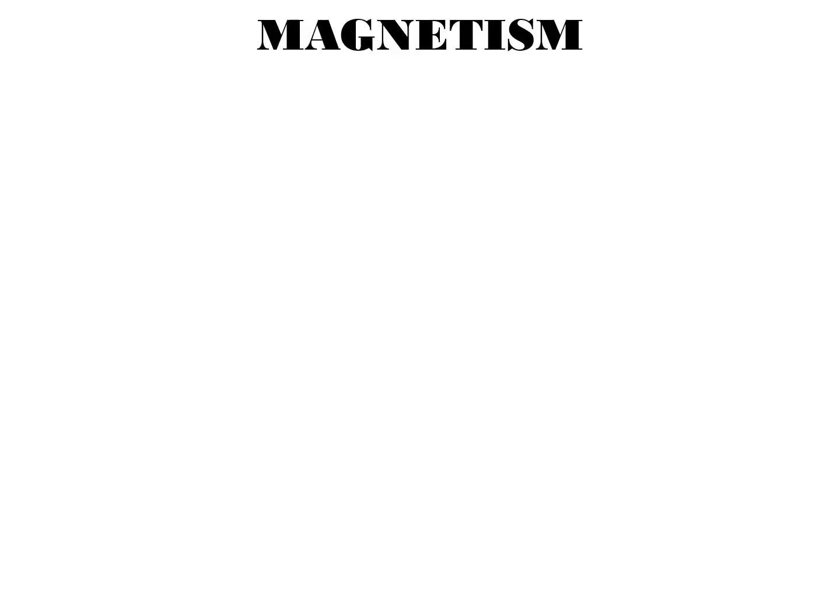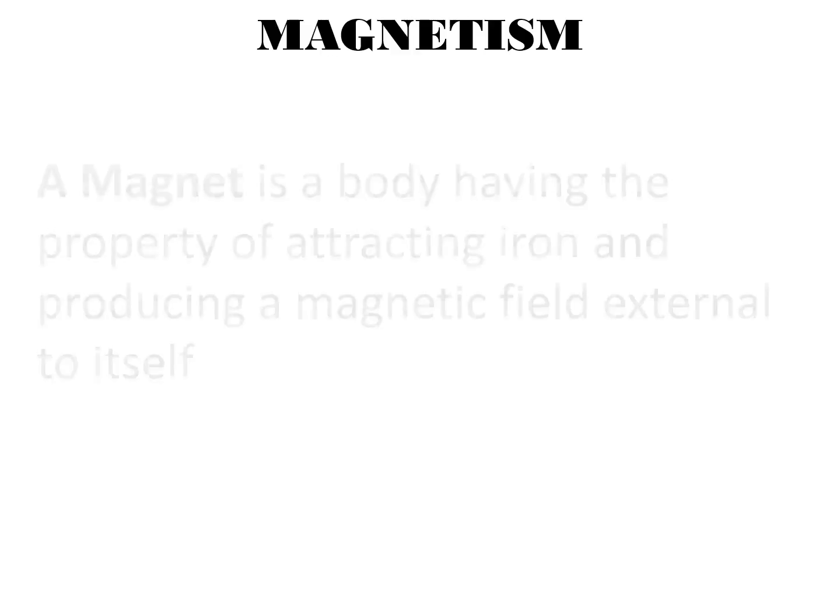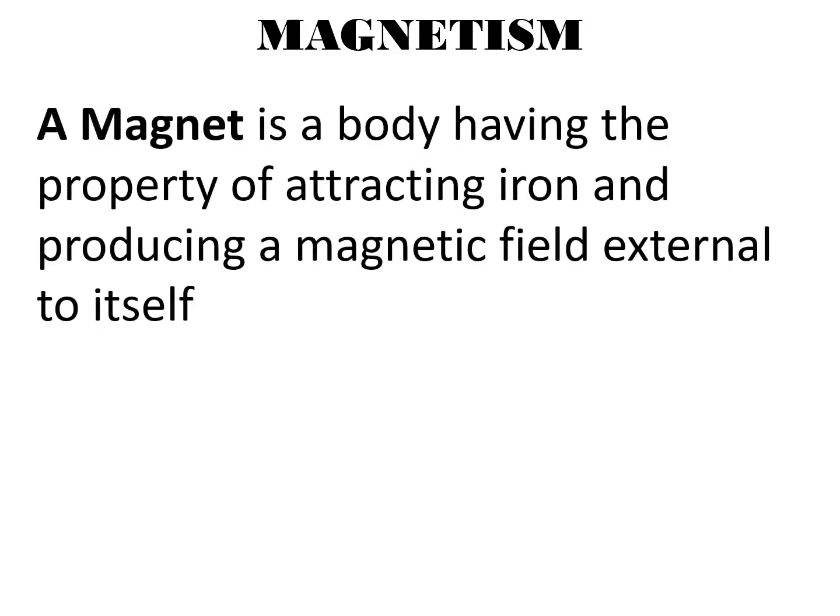The first thing that we need to think of is the definition or the explanation of a magnet. What is a magnet? We can simply explain a magnet as a body having the property of attracting iron and producing a magnetic field external to itself. We've heard in grade 5 NSN Tech that there are metals that are attracted by a magnet, and there are those that are not.